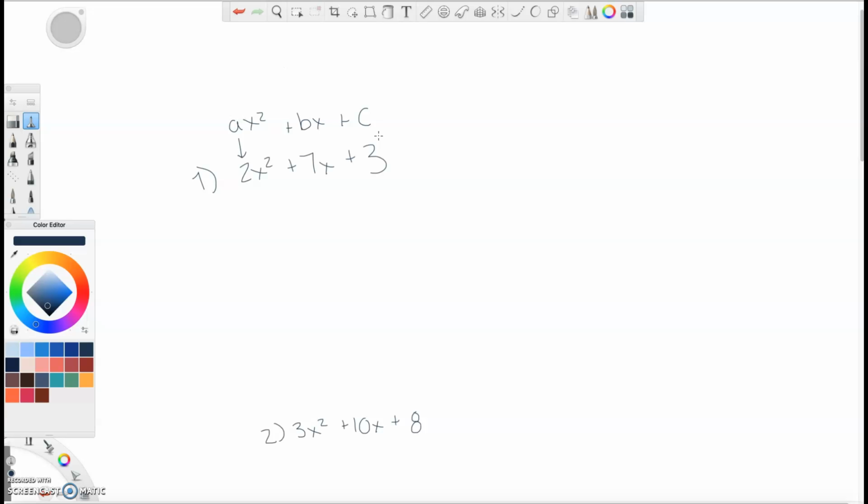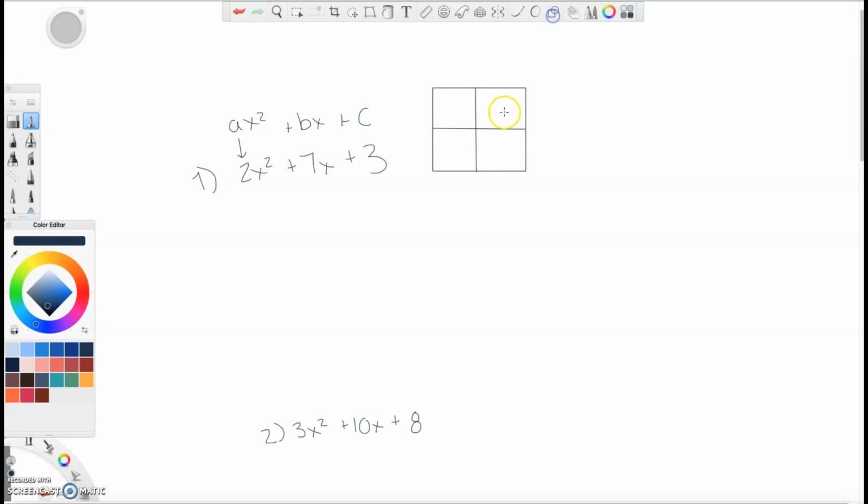Okay, so using the box, we're going to do a very similar thing to what we had done before. Let's go ahead and create our box here. Remember, up in that first corner goes the first term. This is really important because that first term no longer is just going to be x squared.